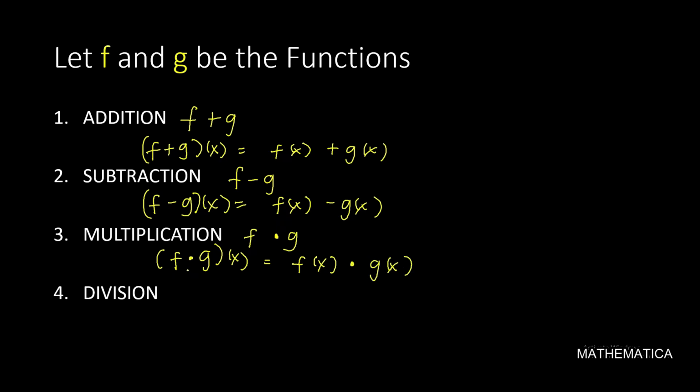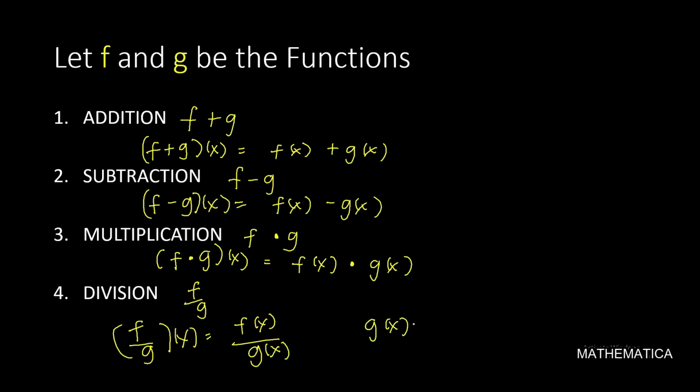And lastly, in division, their quotient is denoted by f over g, the function defined by f over g of x is equal to f of x over g of x. You have to remember that your g of x should not be equal to 0.